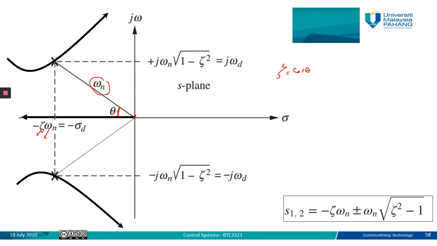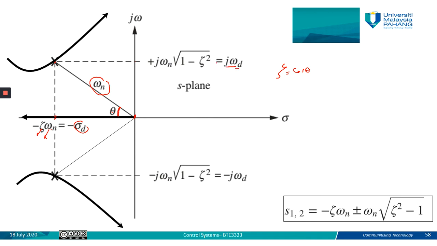If we have the damping ratio, and we have the value of omega d from the graph here, we can find the value of omega n, or the natural frequency. Also, if we draw a line from the complex pole to the imaginary axis, according to the transient response characteristics that we studied in chapter 4, this will give you the value j omega n square root of 1 minus zeta squared, which also equals j omega d.